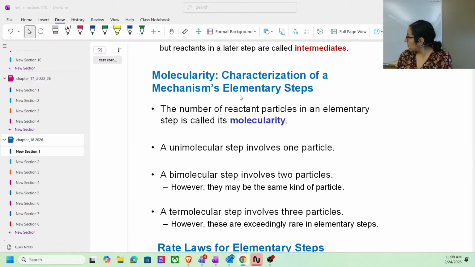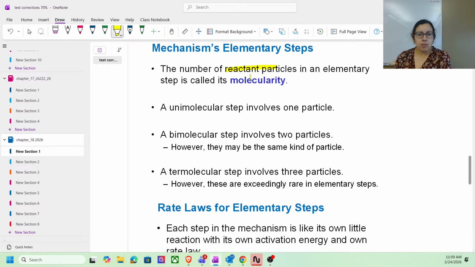And so again, like we should have seen from our rate law chapter, this is just a repeat here. We're trying to figure out what these reactants are rate law wise. The number of reactant particles in any elementary step is called its molecularity.